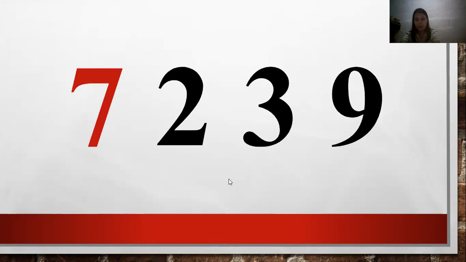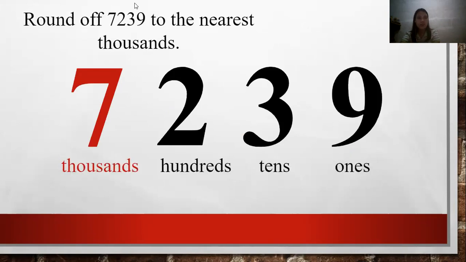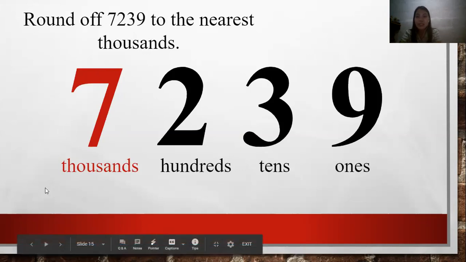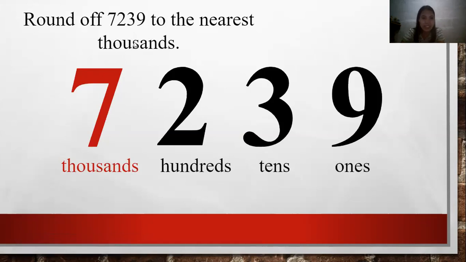Okay, so ito naman po. Round off 7,239 to the nearest thousands. Si 7 ay nasa nearest thousands o nasa place value ng thousands. Okay, ang sabi po, i-round off natin si 7.